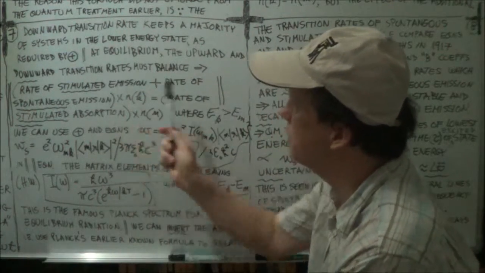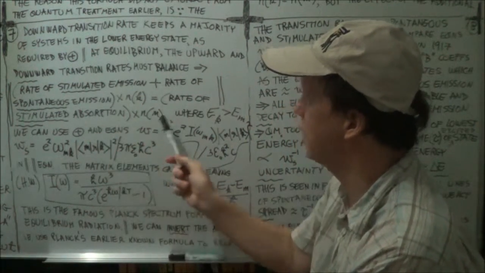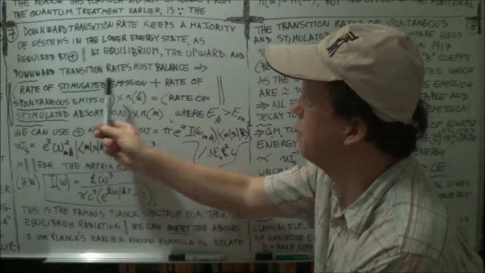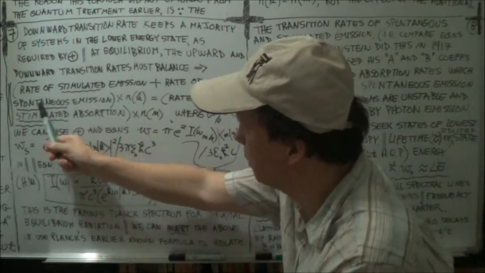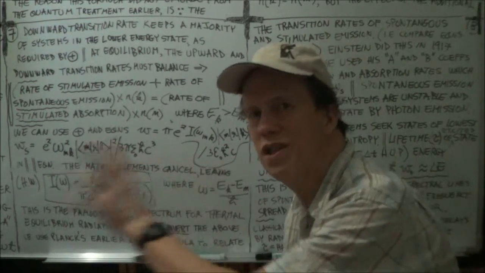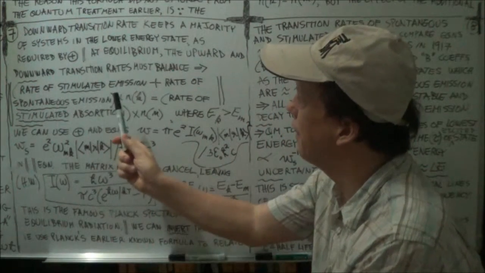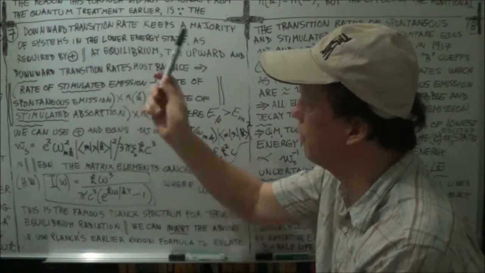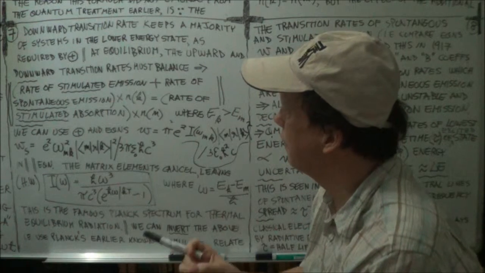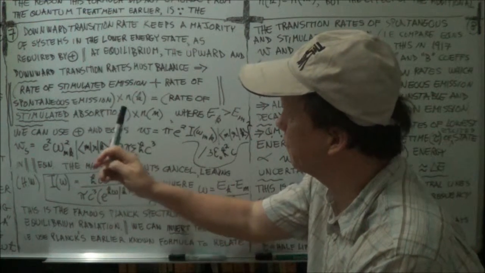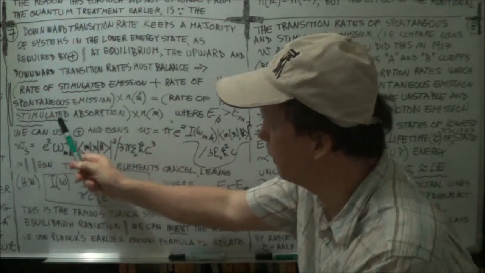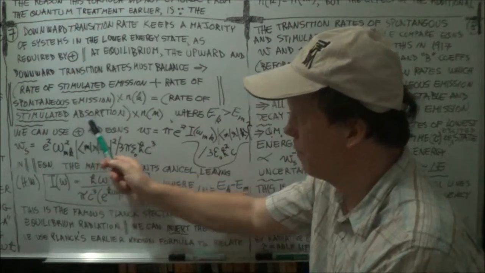Now, does it seem reasonable to you? You've got a kind of balancing equation here. The rate of stimulated emission plus the rate of spontaneous emission, in other words, the total rate of emission, right? So photons being shot out, so the energy level will go down, and the energy is taken up, it's stimulated.